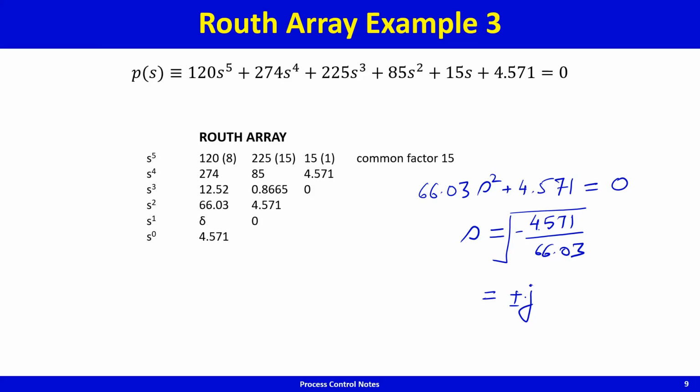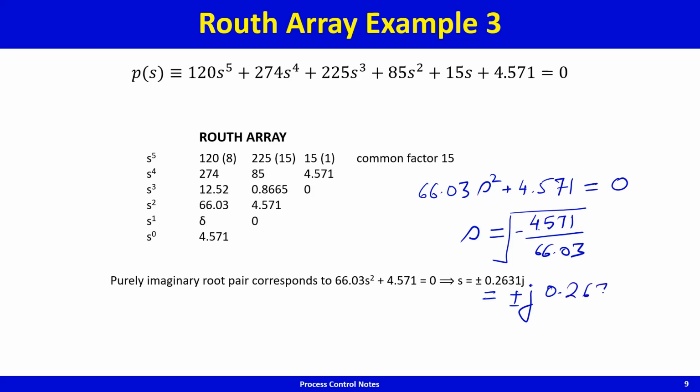Doesn't matter, so we will just say 0.2631. Yeah, j times 0.2631.